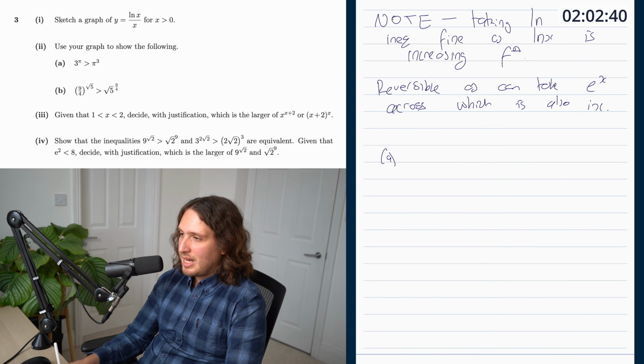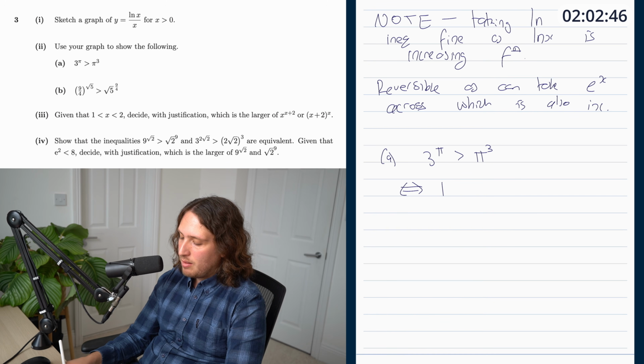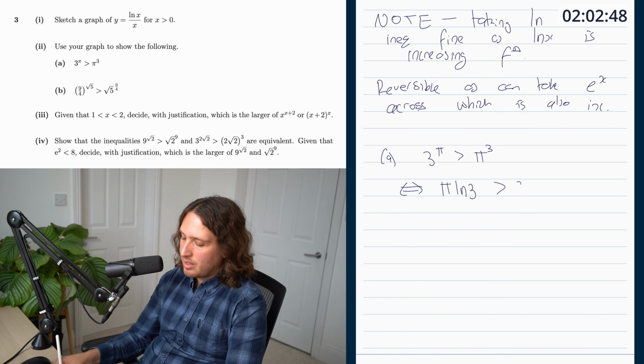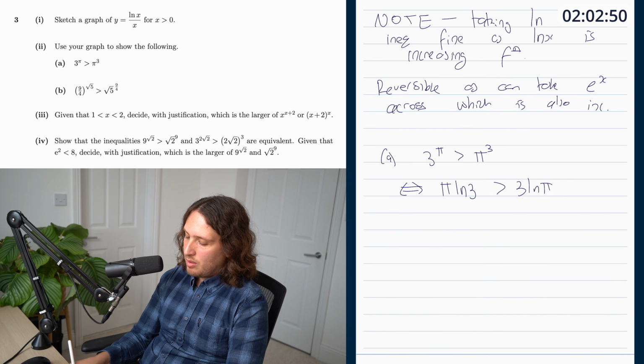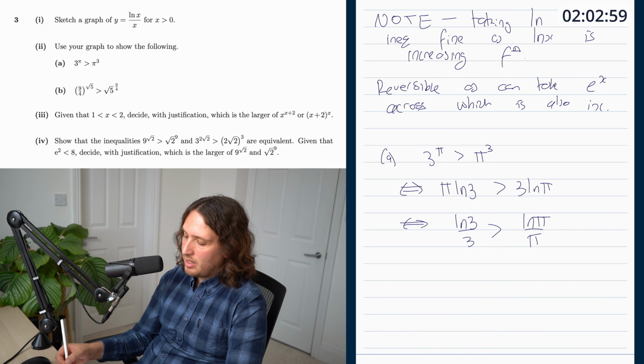So now in part A, 3 to the pi bigger than pi to the 3 would be equivalent to pi ln 3 bigger than 3 ln pi, which would be equivalent to ln 3 over 3 bigger than ln pi over pi, both divisors positive.